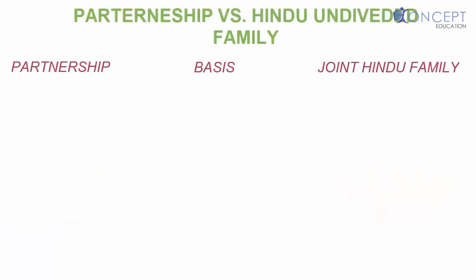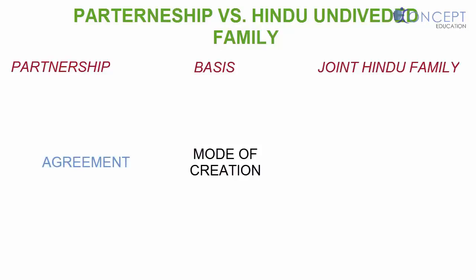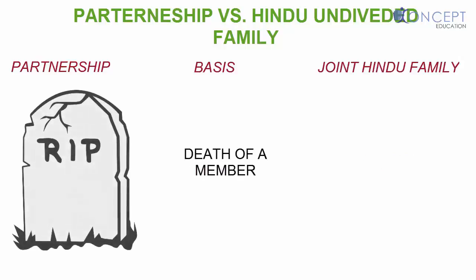Now let's look at partnership versus Hindu undivided family. Well, let's look first at the mode of creation. As we talked about earlier, partnership is created by an agreement, but a Hindu joint family is created by status. It's by birth. Death of a partner. On the death of a partner, ordinarily leads to the dissolution of the partnership.